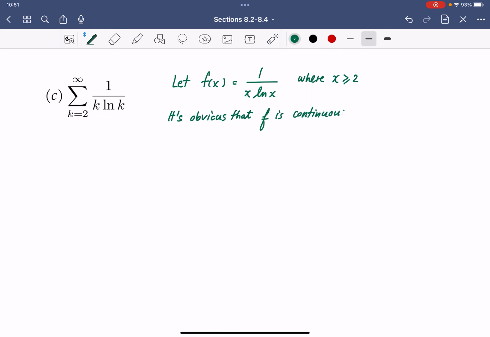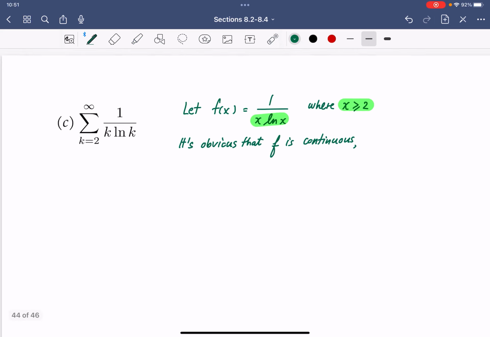Because there's no hole in the denominator, since you have x log x. No way that this thing is going to be 0, because x is greater than 2. When you plug in 2, 3, 4, and so on, it's going to be some number that is not equal to 0. So it is continuous for sure.